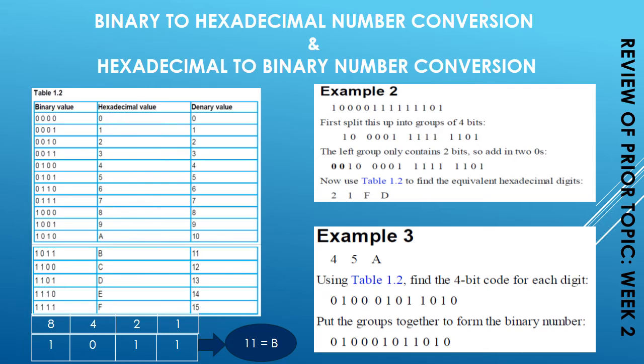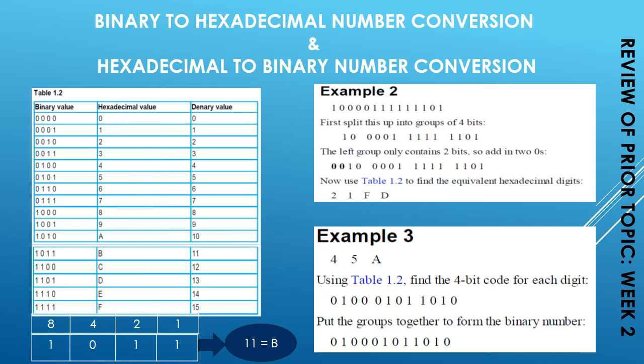Now in example 3, we are given a hexadecimal number and we are asked to convert it into the equivalent binary number. So again, we will use table 1.2 and find the 4-bit code for each digit. The first hexadecimal digit is 4. We need to see the equivalent binary value against it, and that is 0100.